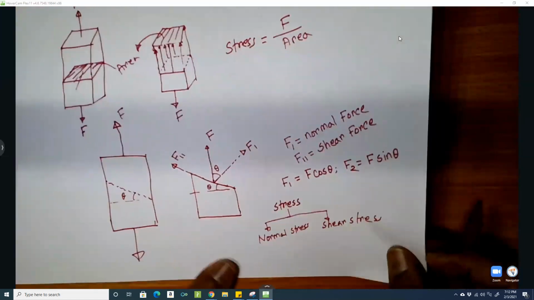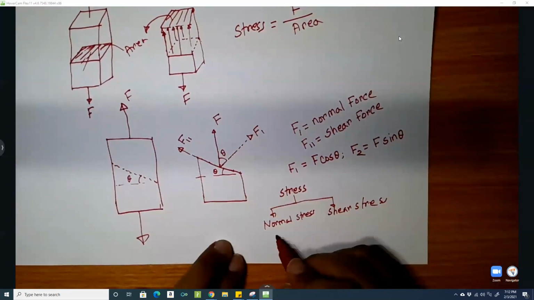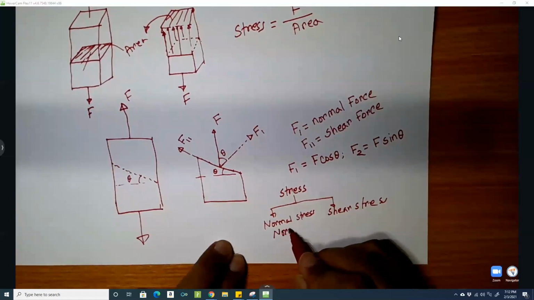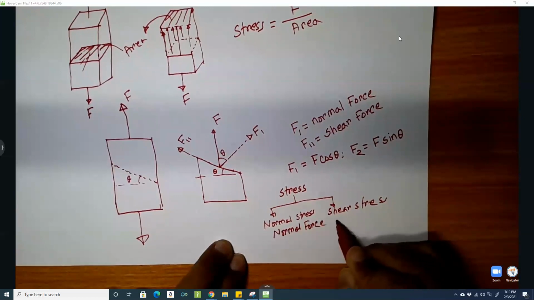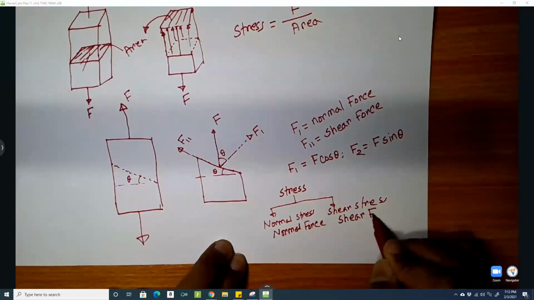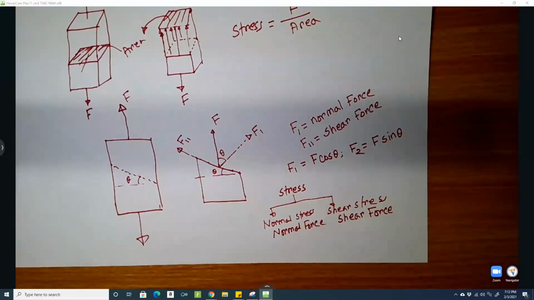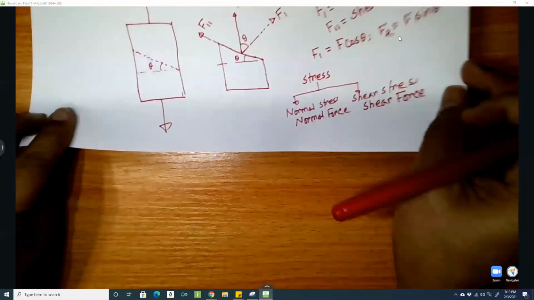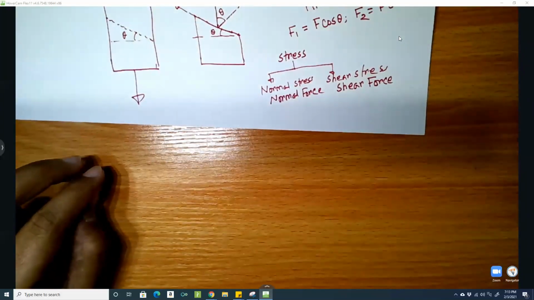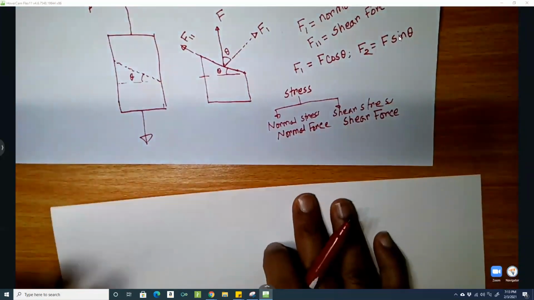The normal stress is caused by normal force. Shear stress is caused by shear force. Now in this example, let's find out the normal stress and shear stress.